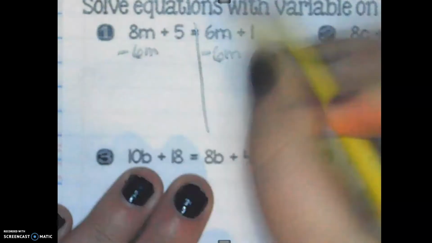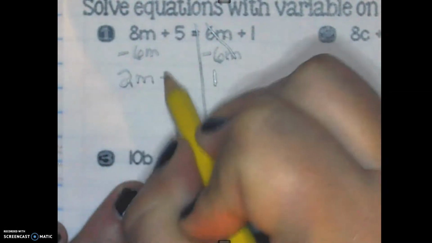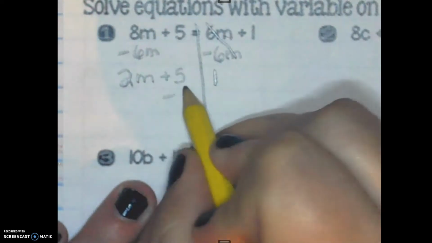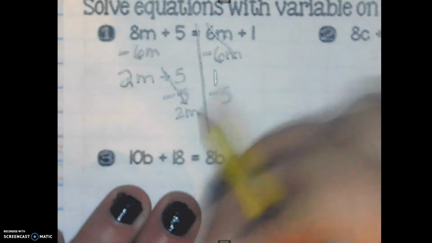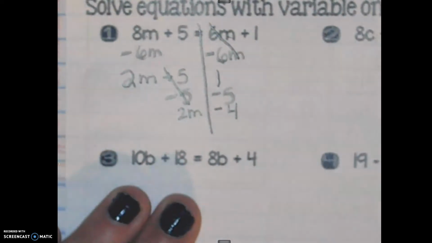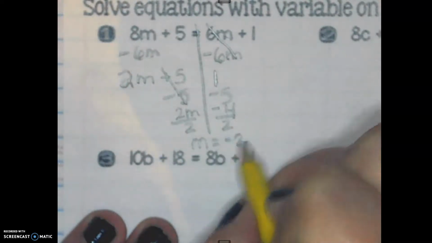And 8 is bigger, so I'm going to remove my 6m. Cancel, leaving me with 1. This is 2m plus 5. Subtract 5 from both sides. This leaves me with 2m. And this leaves me with negative 4 because 1 minus 5. And now divide both sides by 2. And m equals negative 2.